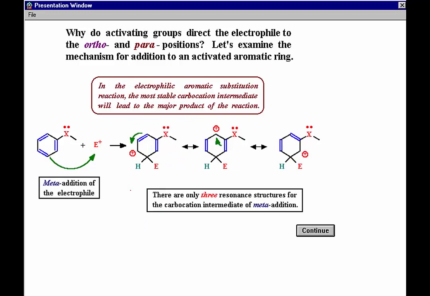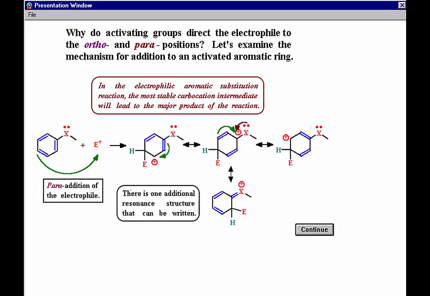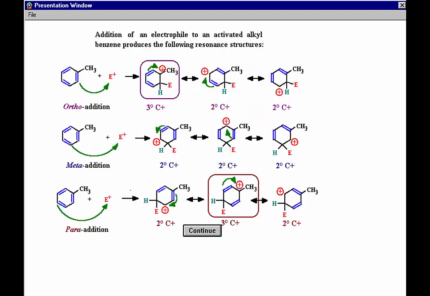Because when you add a group meta, the plus charge is never next to the original group. So it was always wherever the positive charge was next to the group. If the group stabilized it, it was ortho-para. If the group wasn't stabilized or destabilized, then it was meta. And so that's what we saw.